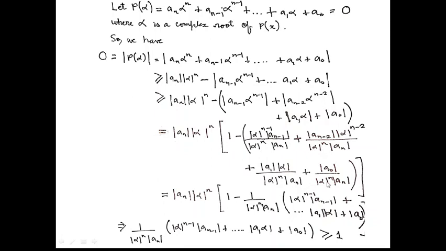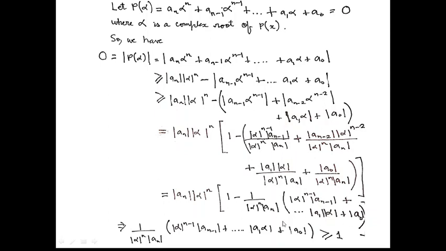Then from 1 minus these terms, we take 1 by alpha^n a_n common and we get alpha^(n-1) a_(n-1) plus a_(n-2) alpha^(n-2) up to a_0.